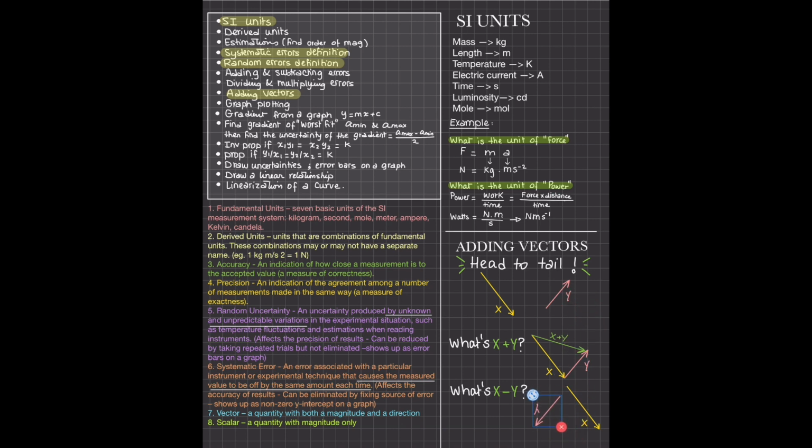I'll place the tail of this vector on the head of this vector. And now the resultant will be by just joining the head and the tail, and this gives you x minus y.